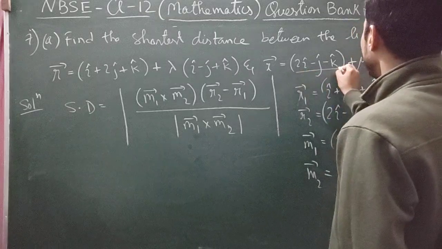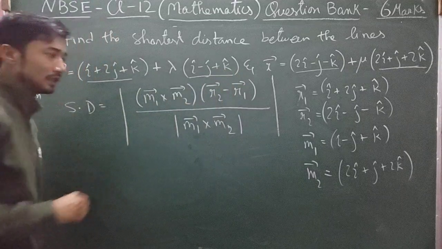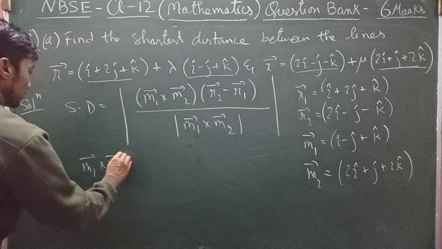Alright, this is r2 and m2, this is r1 and m1. Got that? So let's find m1 cross m2.